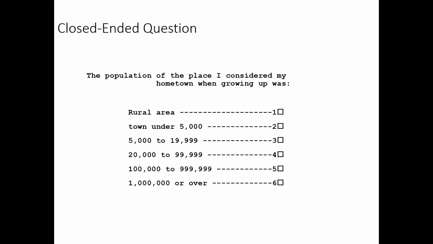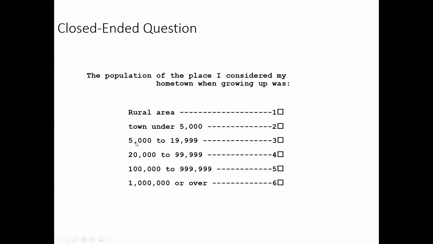Or you can use closed-ended questions, which give you kind of a range. These are less accurate, but they also are able to bring in a broader amount of information with fewer questions. So this gives you kind of a range of, in this case, the population of your hometown. Was it a rural area? Under 5,000, so a rural area, extremely small, in the hundreds, low thousands.